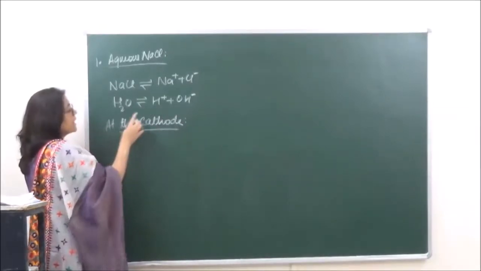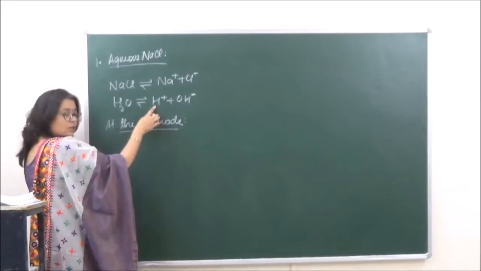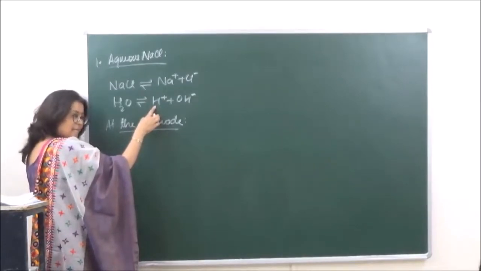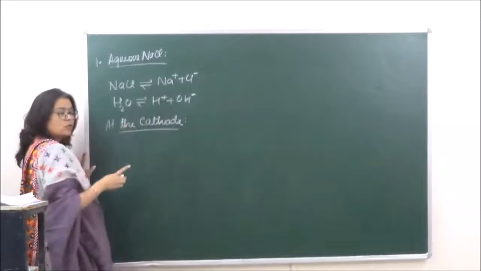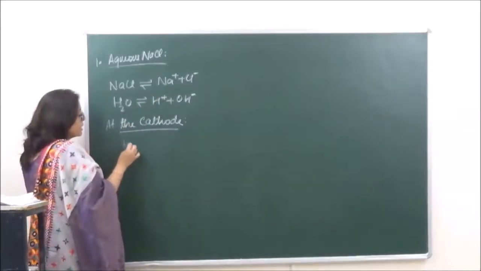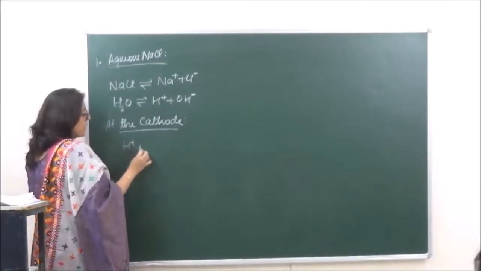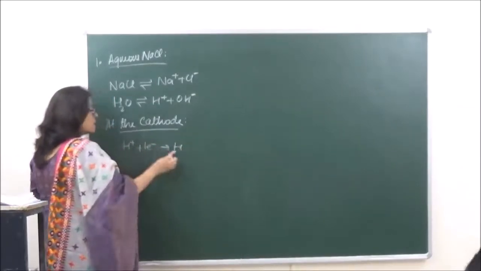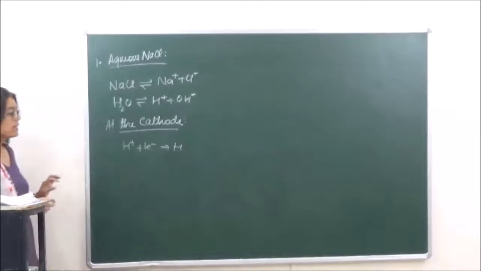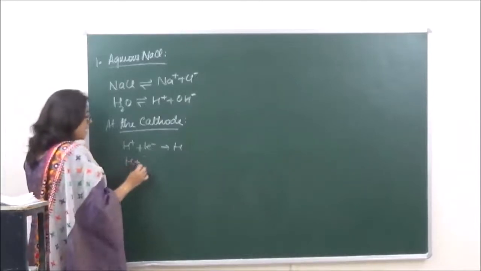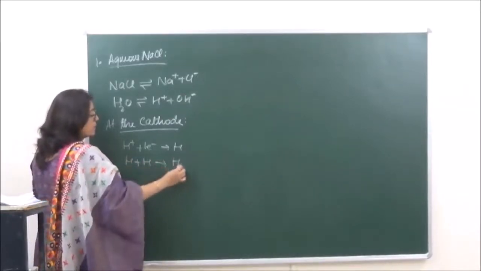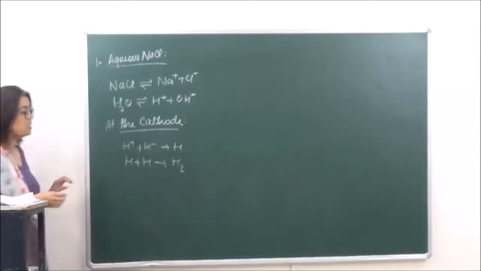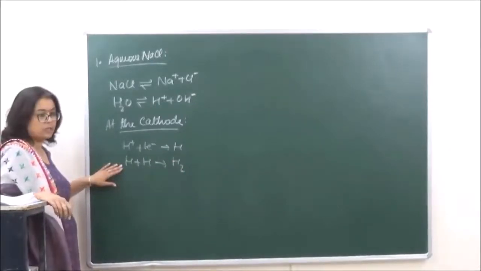But we say that the discharge potential of H+ is less with respect to Na+. Therefore, H+ is going to gain one electron to give us hydrogen. This is known as the primary reaction, and then the atomic hydrogens combine together to give us molecular hydrogen. This is the secondary reaction.